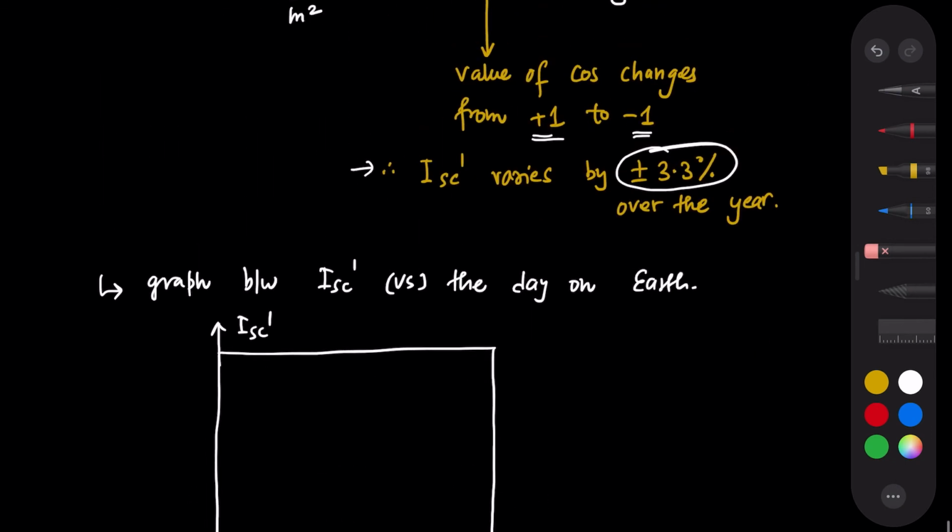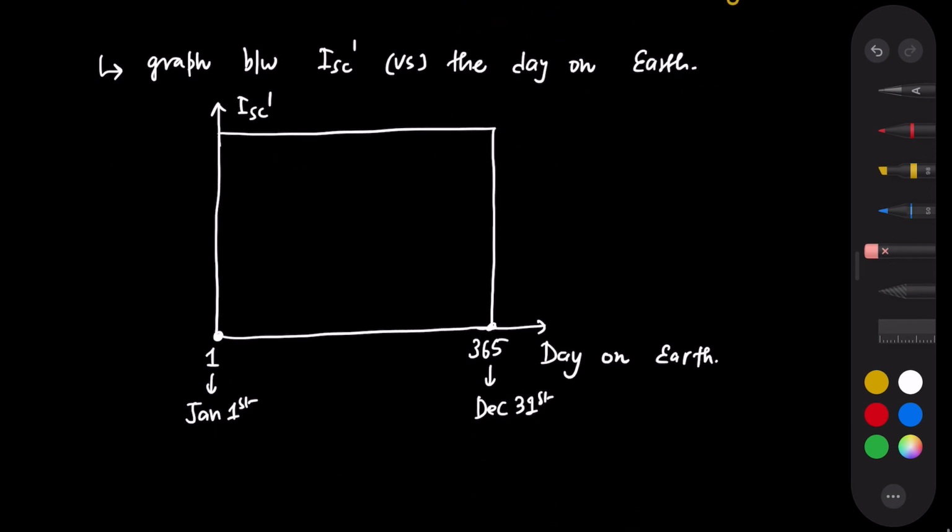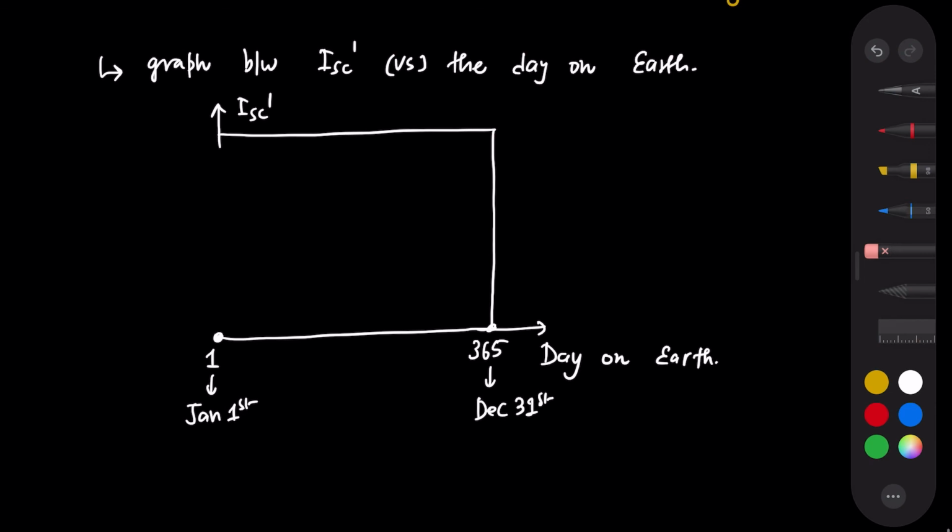So at this point, if I put the value of 1 here, this becomes 1.033 multiplied by 1367. So I get the value of ISC dash for January 1st. Okay, so this comes out to be approximately equal to 1410.